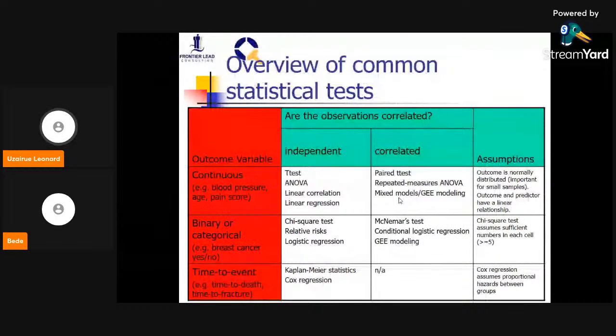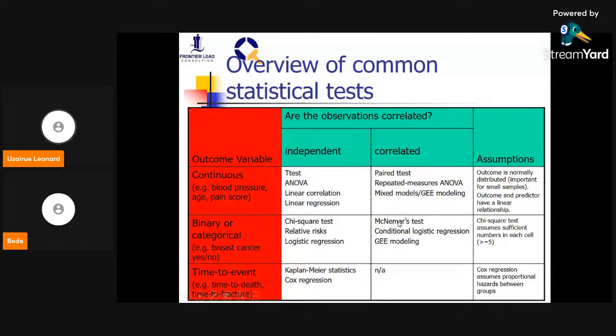So the next thing is if they are binary or categorical. For example, breast cancer is either yes or no. If they are independent, you use what we refer to as chi-square test, relative risks, or logistic regression, as the case may be.